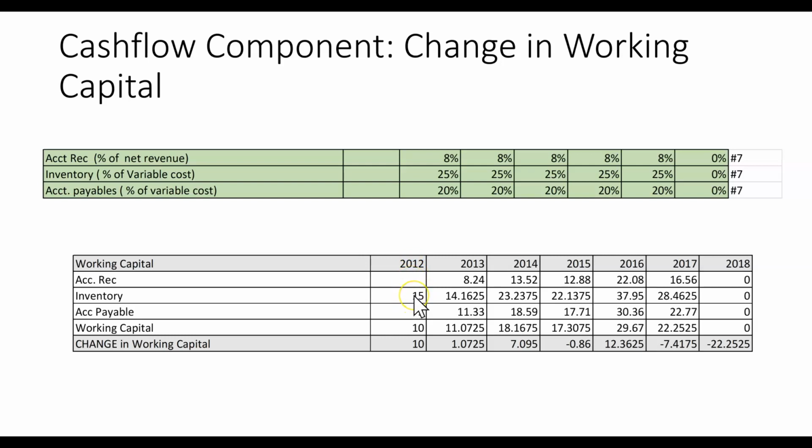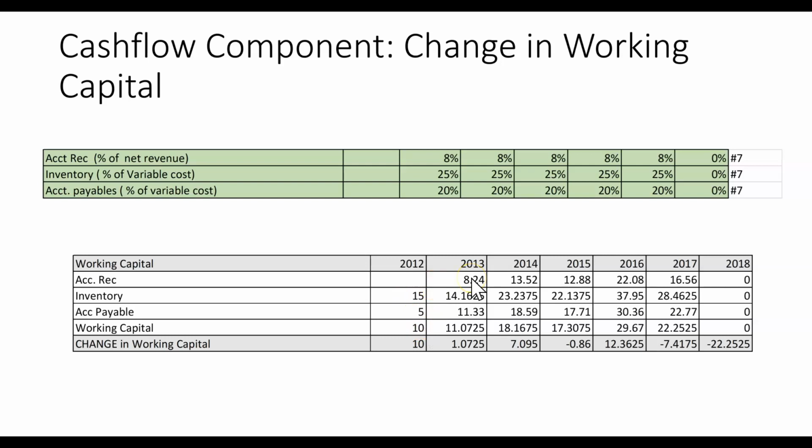But we will have to carry some inventory. We'll have to buy some raw materials, some rubber, material that we need. We will be getting it from suppliers on credit. That would be the accounts payable. The working capital formula is accounts receivable plus inventory, subtract accounts payable. So in this case, we have 15 minus 5 is 10.